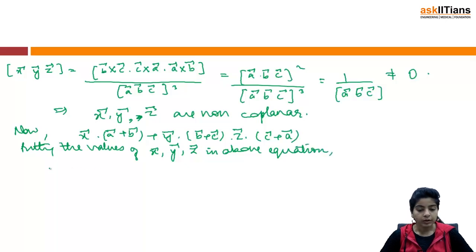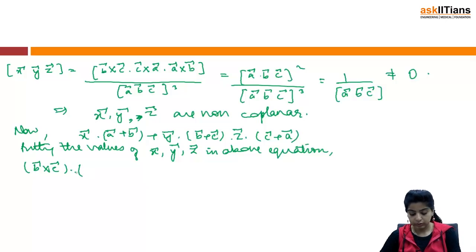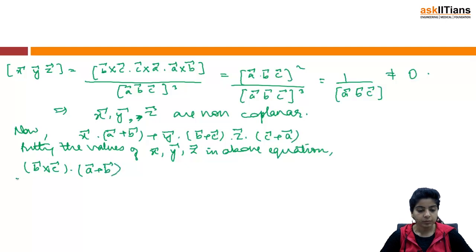So the values of X, Y, Z were: X was B cross C by the scalar triple product [A, B, C]. So we have B cross C dot (A plus B) by the scalar triple product [A, B, C].